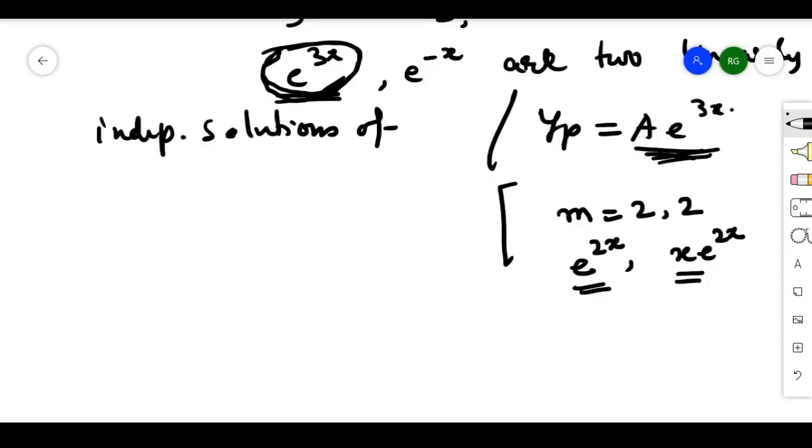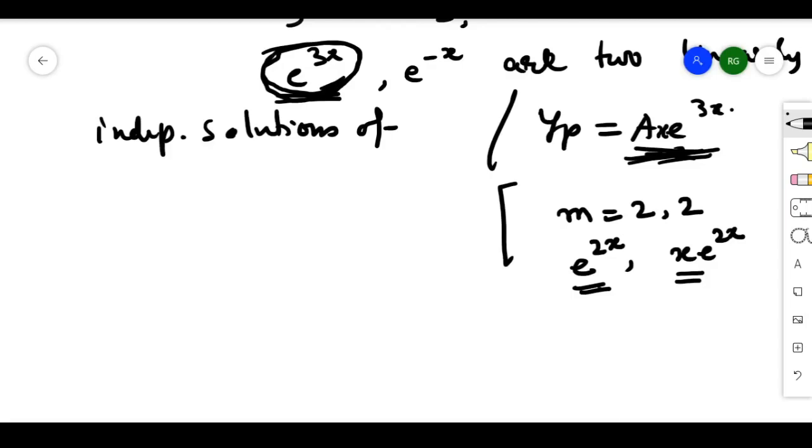That was the method, and here we are sure that e to the power 3x is a solution of the homogeneous equation. So we cannot take the particular integral as a e to the power 3x, because once e to the power 3x is a solution of the homogeneous equation, that implies a e to the power 3x is also a solution of the homogeneous equation, meaning this solution has already been taken. That's why we shall take yp as a into x e to the power 3x.